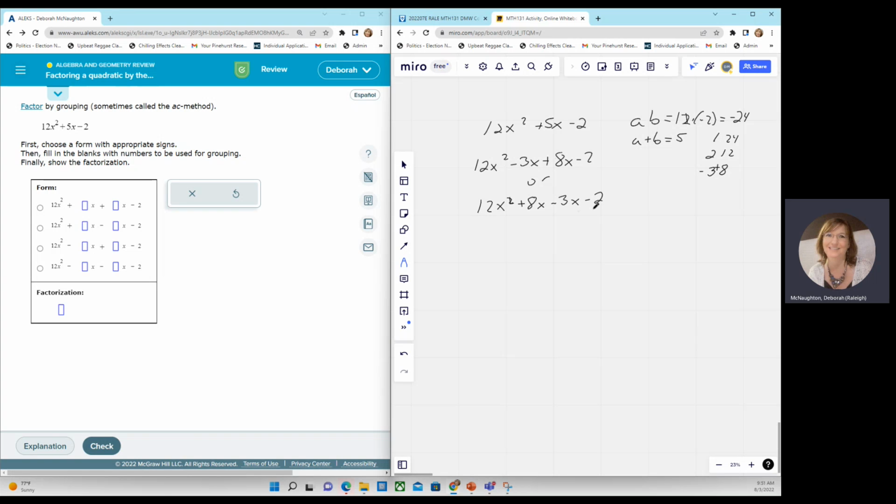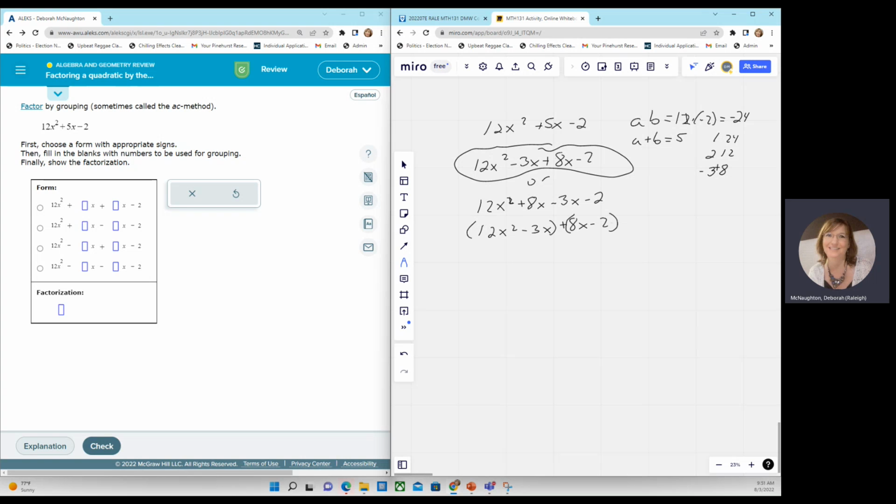If I write it the second way, although I can factor a 4 out of here, I can't factor anything here. So the correct grouping is 12x squared minus 3x plus 8x minus 2, this first one, because I could factor both halves of it.